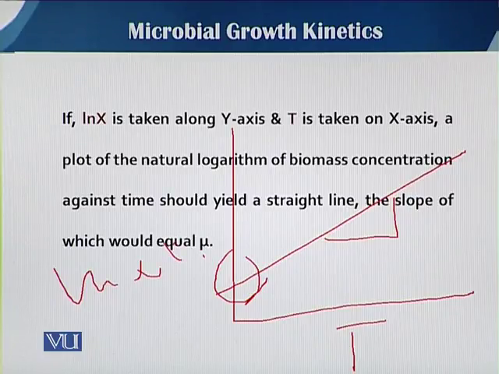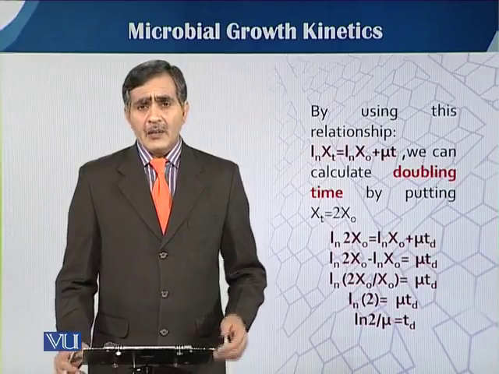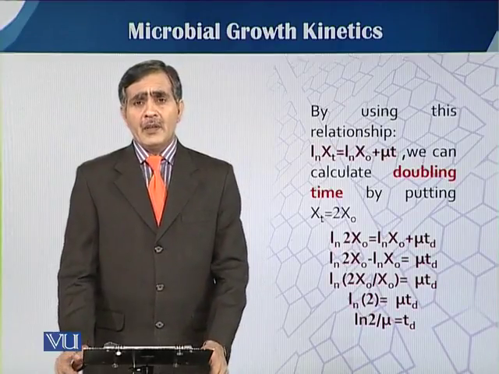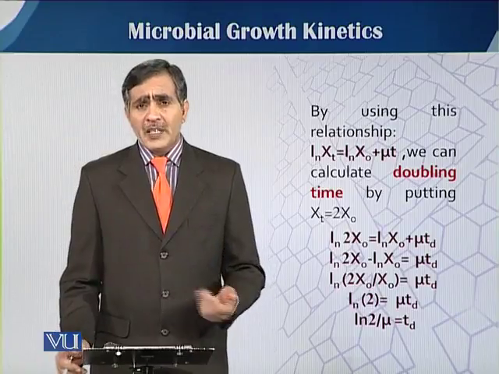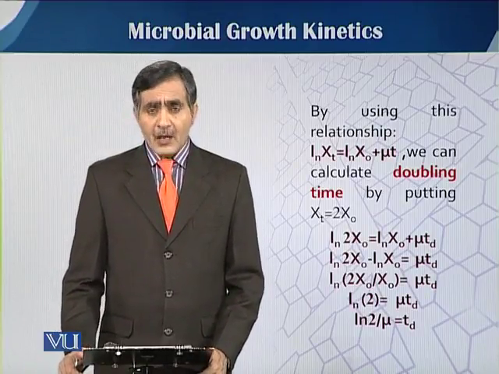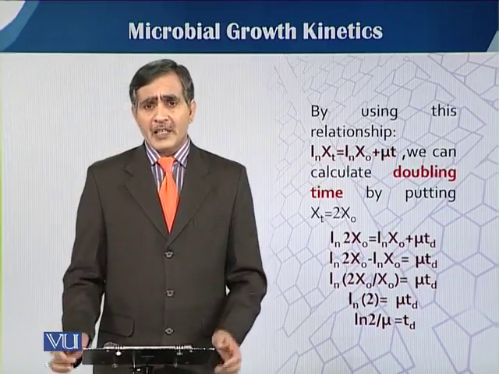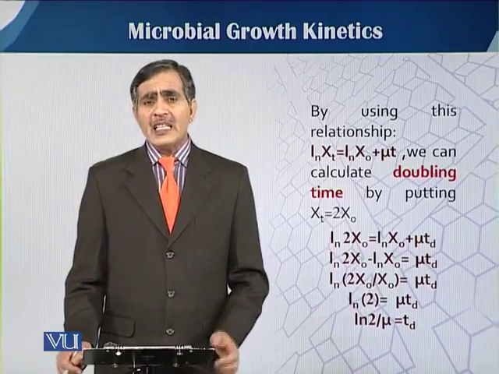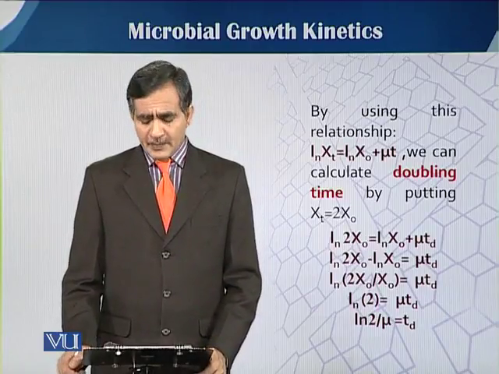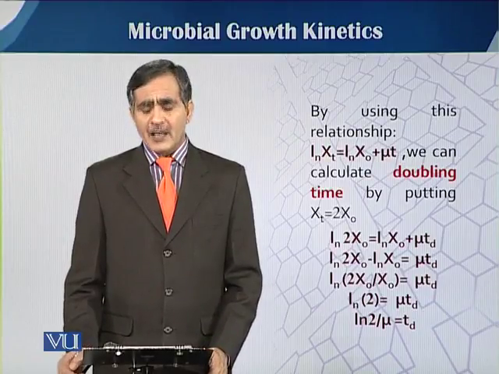By this we can easily calculate mu. So mu becomes b, the slope of this line, which is actually the specific growth rate constant. As in the previous module we talked about the doubling time, by this equation we can easily calculate the doubling time just by putting the value xt equal to 2x naught.